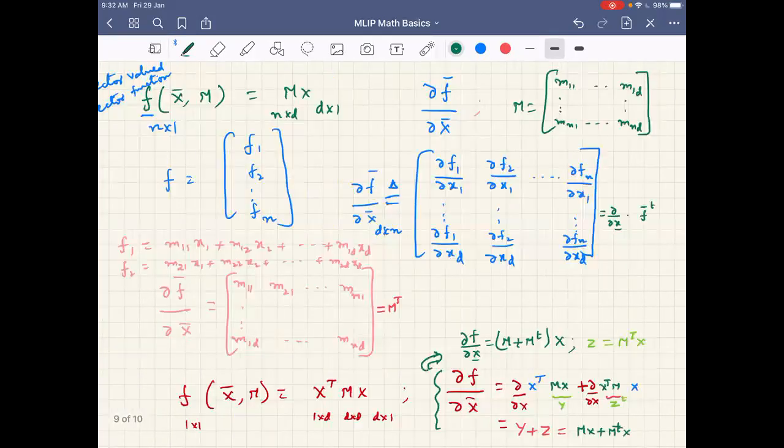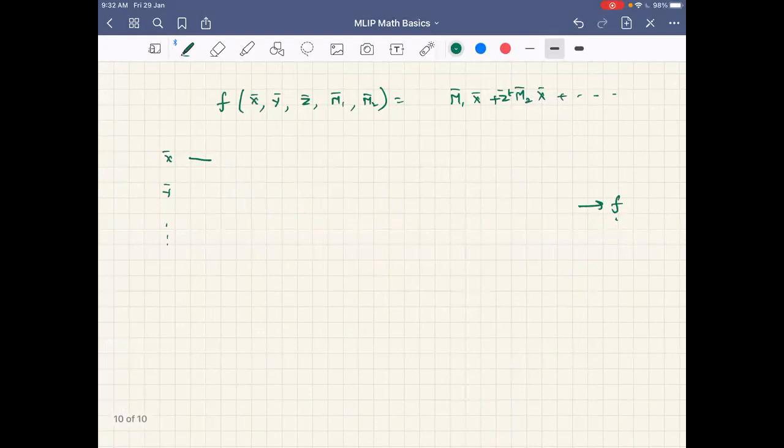Till then, what we rely on are these definitions. Dimensions are most important to cross-check whether we are going correctly or not. That is one aspect. The second aspect is that the simpler, straightforward procedure is to expand this. For example, X transpose Mx, if we expand in terms of the elements of the matrix, what will happen?